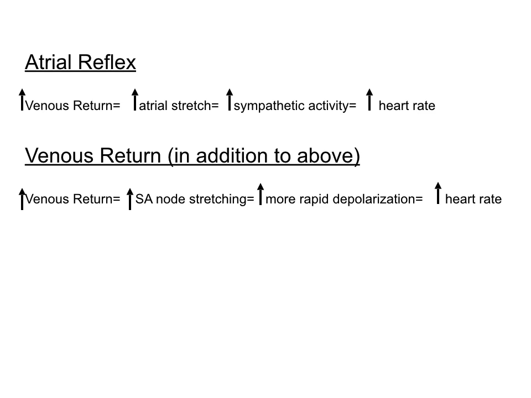Well, if the whole right atrium is stretching, wouldn't it mean that your sinoatrial node is stretching also? So if you have an increase in venous return, you're going to have an increase in the stretching of your sinoatrial node. And that little sinoatrial node is really sensitive. And if you stretch it, it will respond.